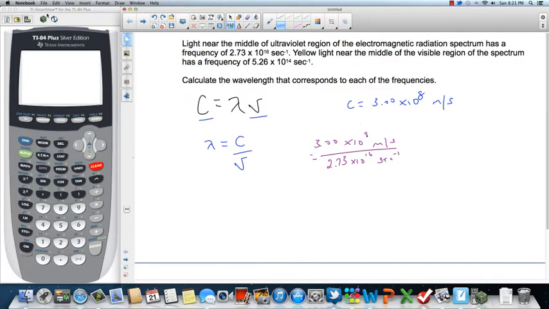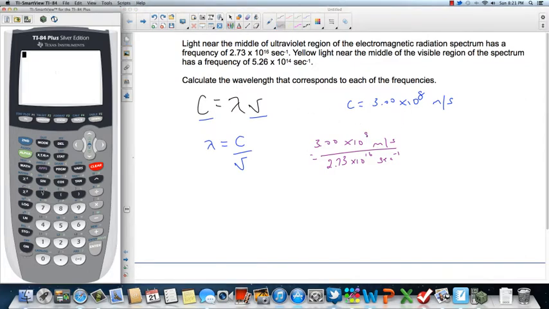So when we come over to our calculator, we've got open parentheses 3.00 times 10 e to the 8th, close parentheses, divided by 2.73 times 10 to the 16th, close those parentheses, equals.